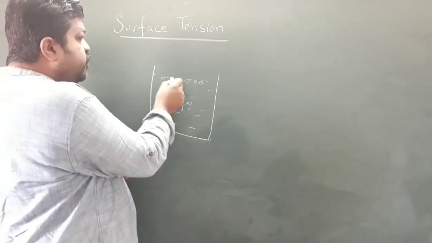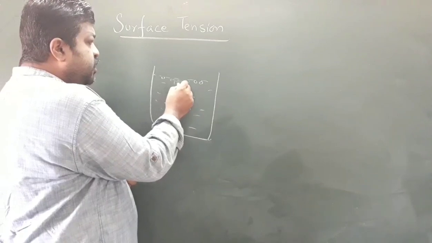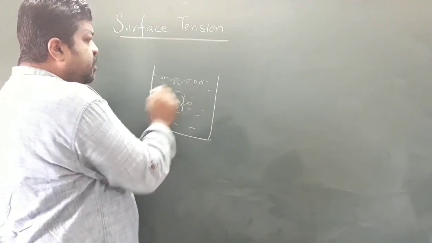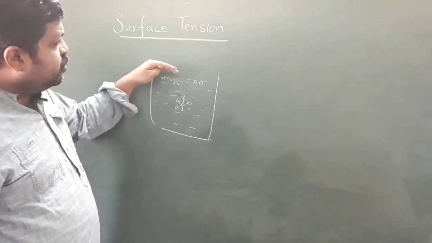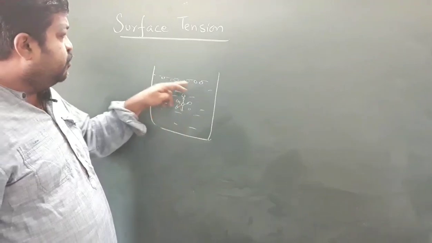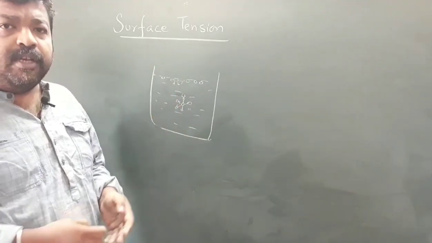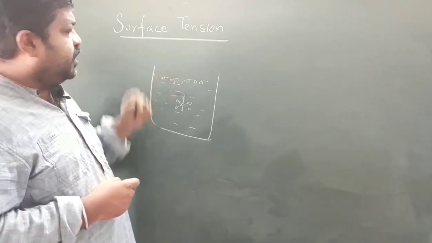But the molecules which are on the surface are acted upon by force in the downward direction, and along the sides, but there is no liquid molecule above these molecules. Above these molecules there are air molecules, so there is very little interaction between these molecules and the air molecules.